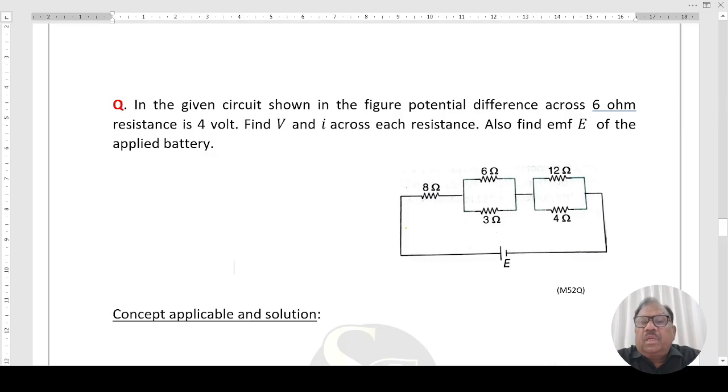Question is, in the given circuit shown in figure, potential difference across the 6 ohm resistance is 4 volt. Find V and I across each and also find EMF of the applied battery.